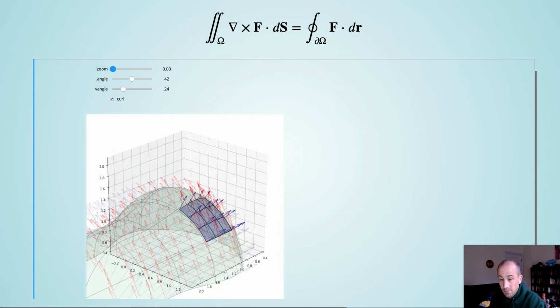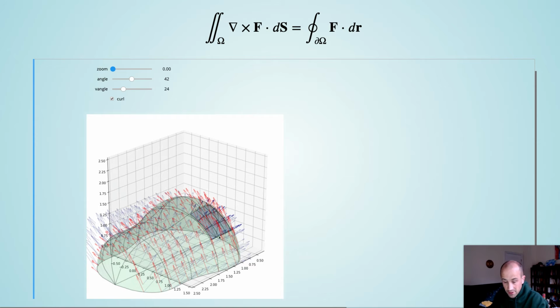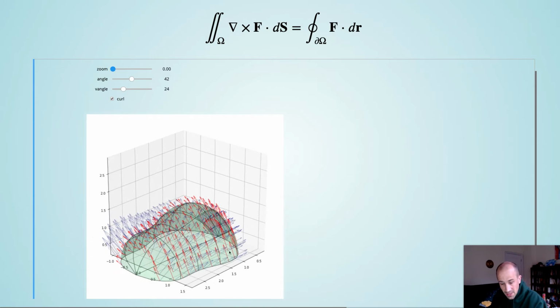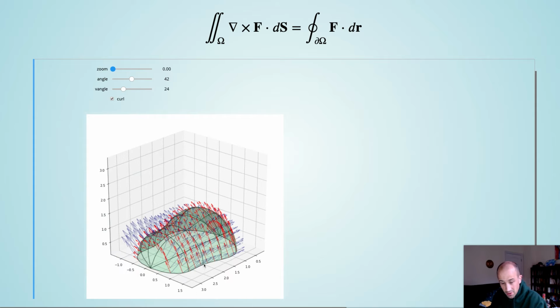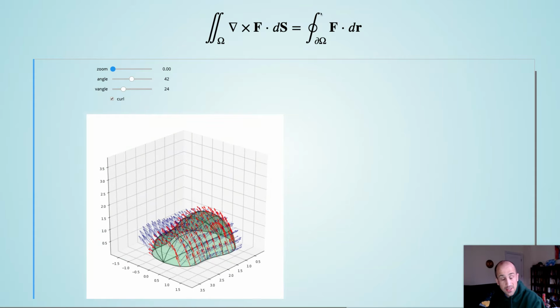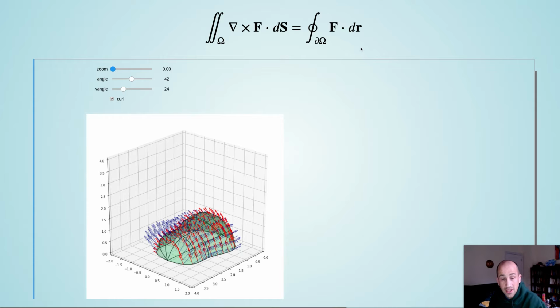If we add up those little curls of our vector field times a little bit, all those little circulations will cancel out except on the boundary that have no neighbors to cancel out. And so the result is just a one line integral around the outside.